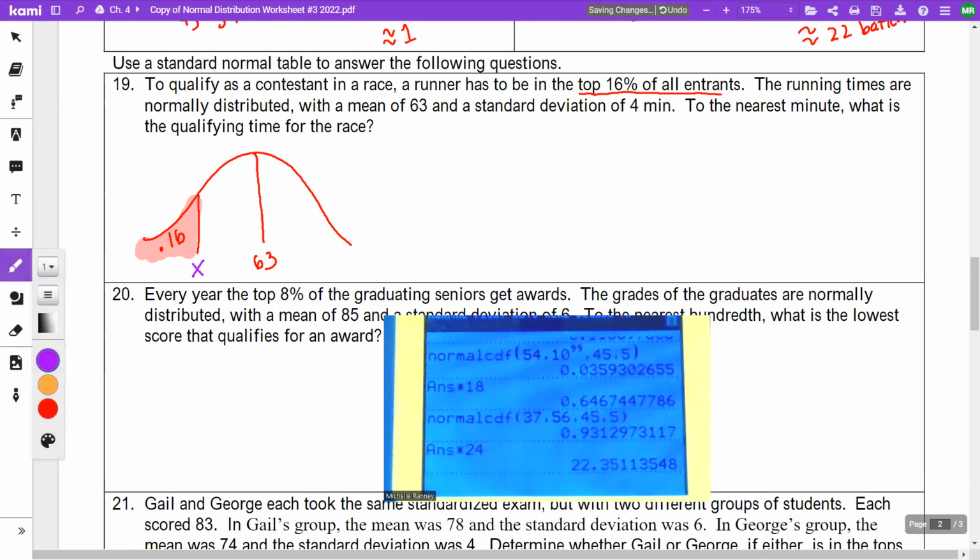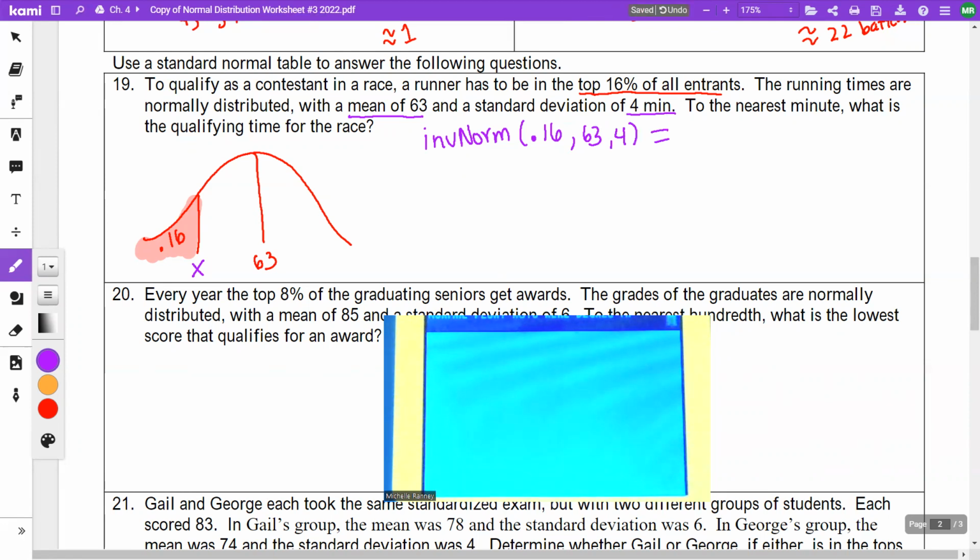What is that x? So I'm going to do inverse norm, and I'm going to be wanting 16%. That's my area. My mean is 63. My standard deviation is 4. And this is going to give me back the value.